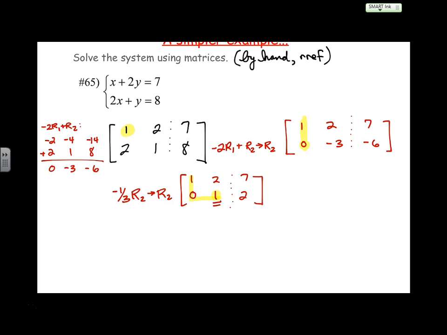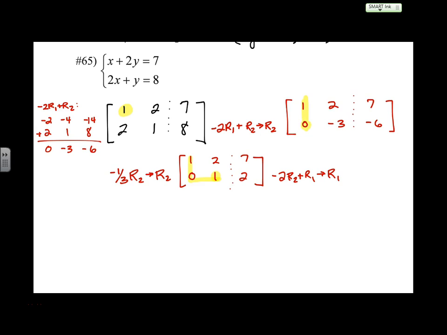We look at the row with the established 1 and we say, sweet, let's just multiply you by the opposite coefficient. So negative 2, row 2 plus row 1 into row 1. If you guys need to do that math off to the side, for the last time I'll do it quick. Negative 2 times row 2, my bad.